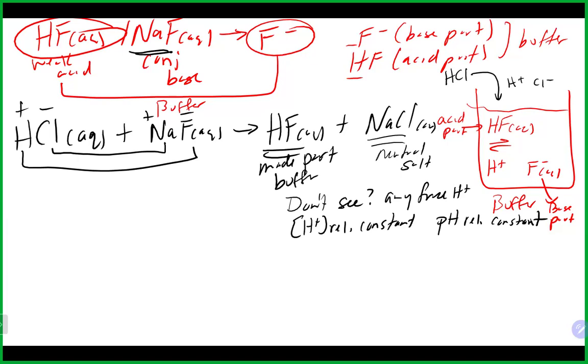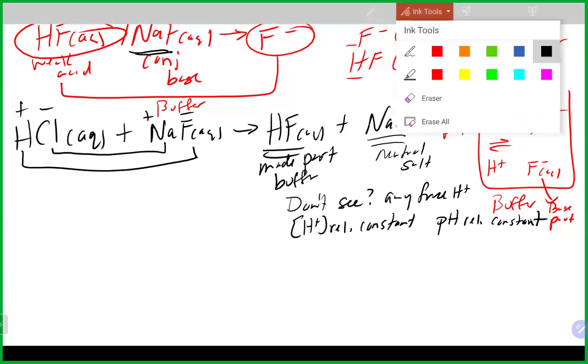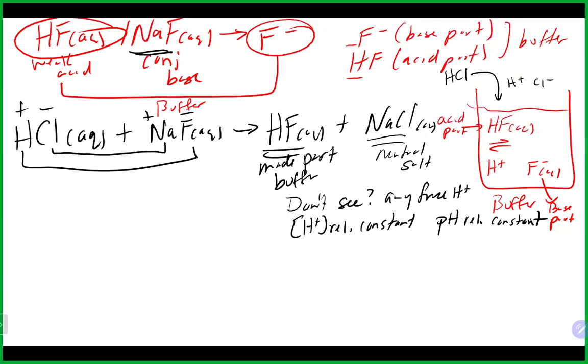So basically when you add this to our buffer over here, the incoming H plus, which is the problem for the pH jumping, actually will go and find the base part of the buffer. And that base part of the buffer and that H plus will come in and actually create some HF, which is again part of the buffer in this case. The result of creating a little bit more HF is you will actually increase a little bit of H plus in the solution.